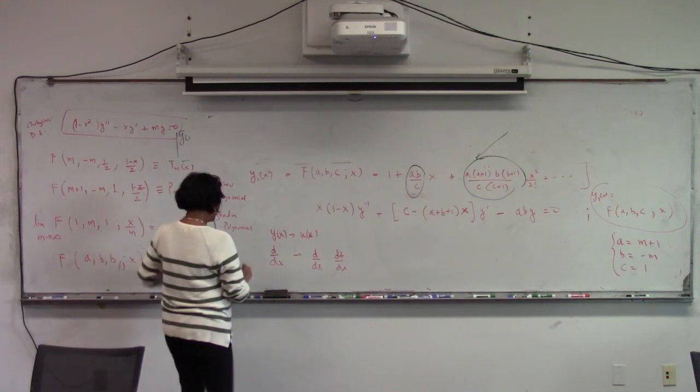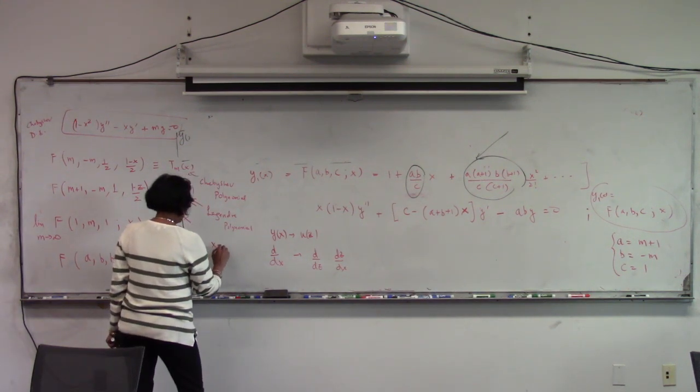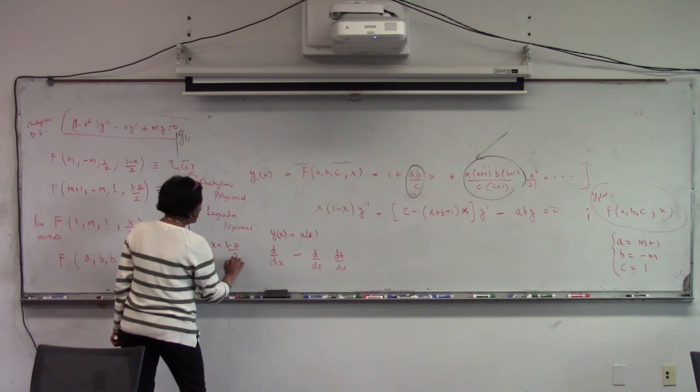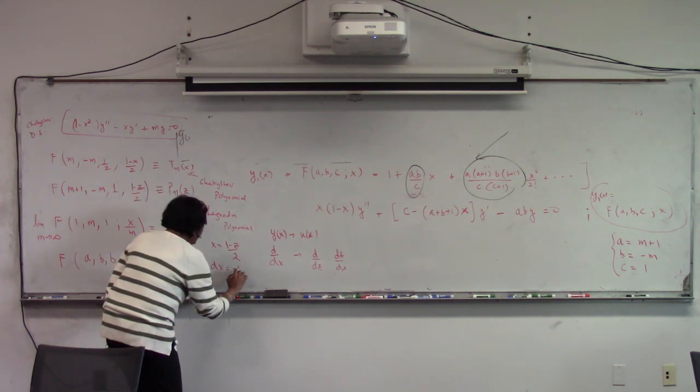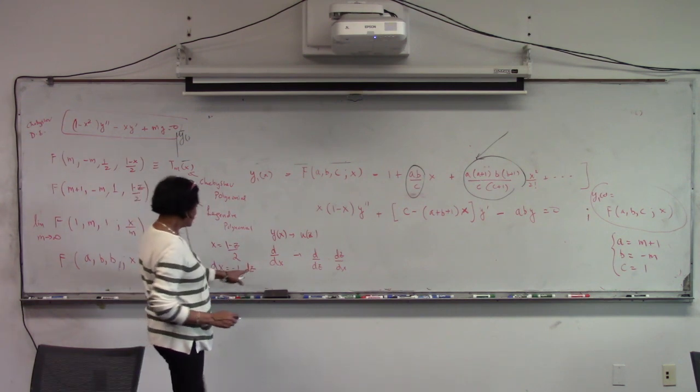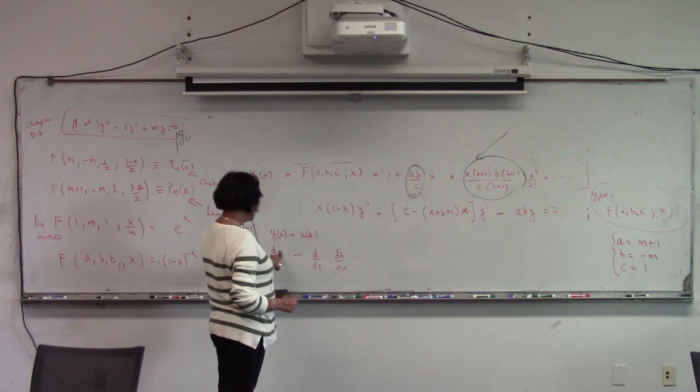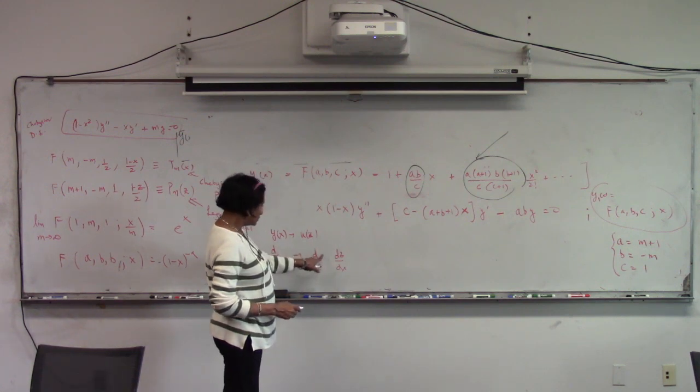So if I make x as (1 minus z) over 2, then dx is negative half dz. This operates on y, this has to operate on u because u is a function of z.